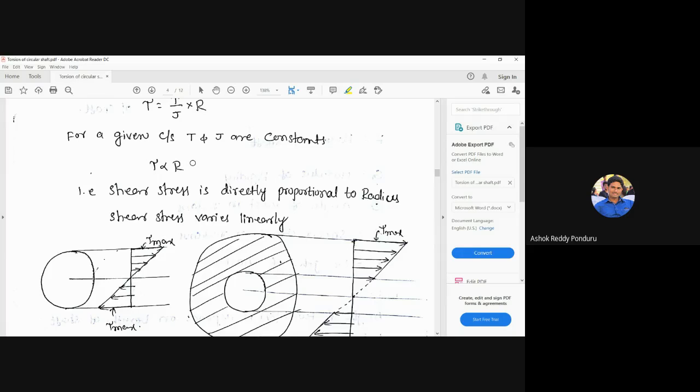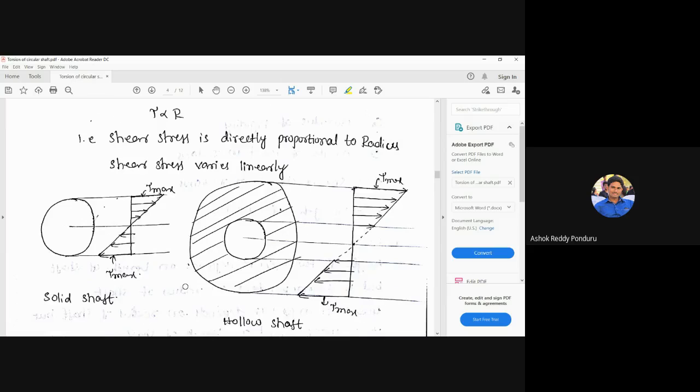As I said earlier, if the variable power is 1, it varies linearly; power 2, parabolically; power 3, cubically. Here the power is 1, that's why it varies linearly. If the radius is 0, then the shear stress is also 0. If the radius is maximum, then the shear stress is also maximum.